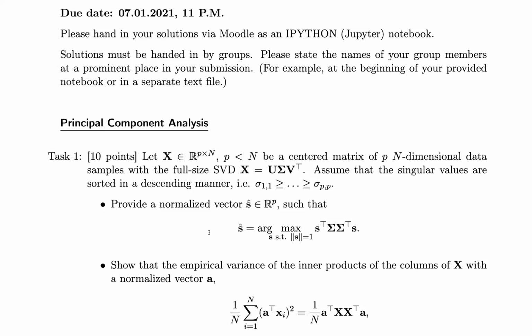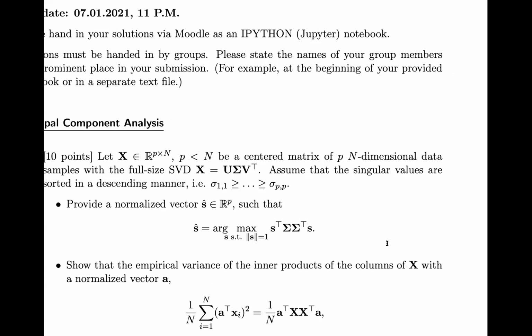The first part was to provide a normalized vector S hat that lives in R^P such that S hat is equal to the argmax of this. Now we are going to look at the solution.